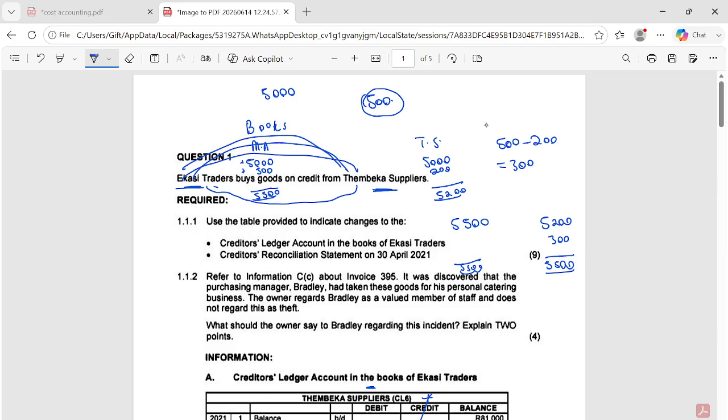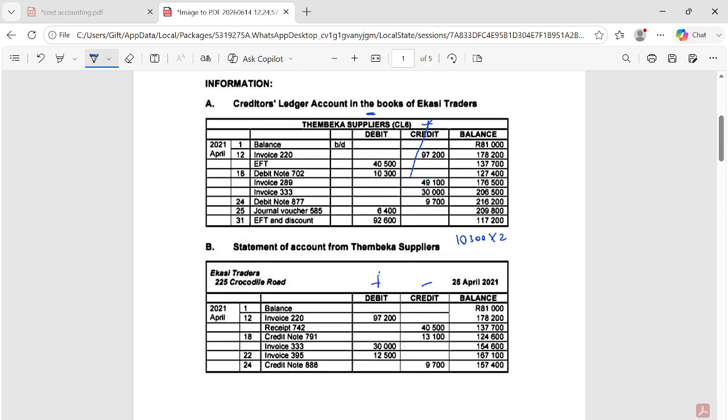Now the value of the things that Temberg bought from us, we say don't pay us now. What are we going to do? We reduce it from the balance that we owe you. E.g., let's say Temberg bought something worth 500 from us.